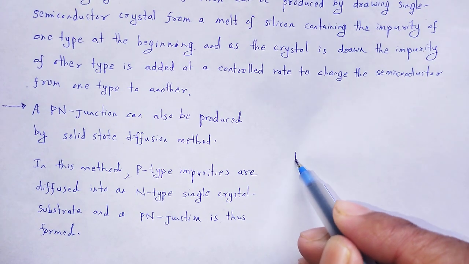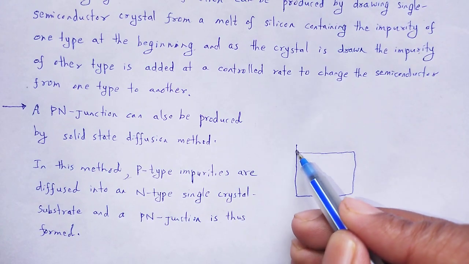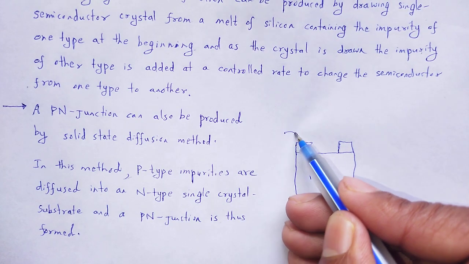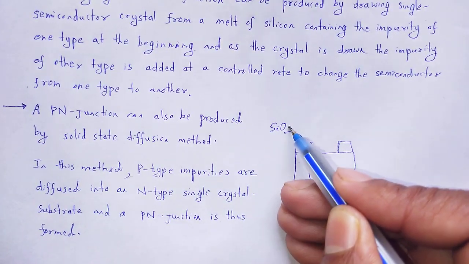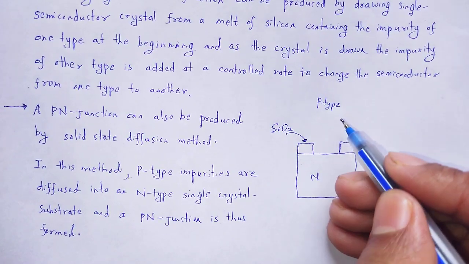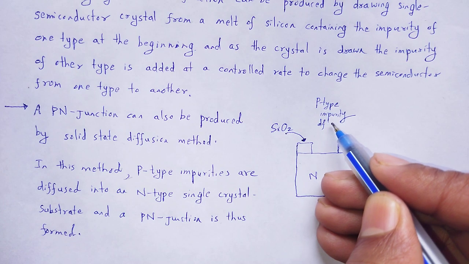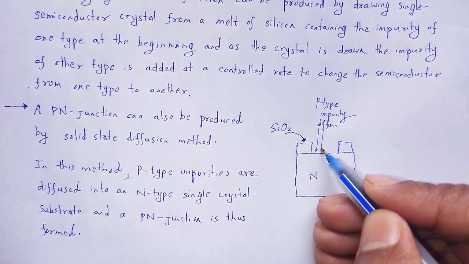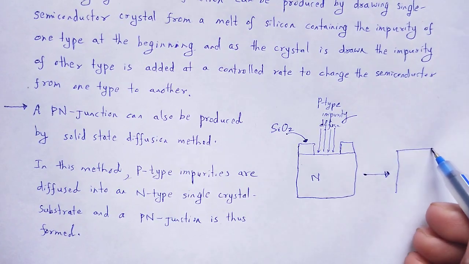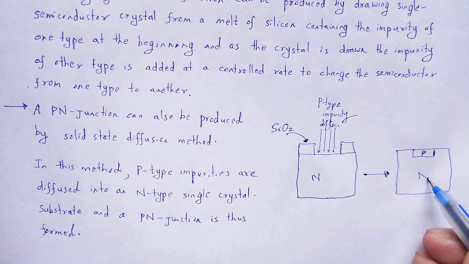Here we take an n type substrate, these are the silicon oxides, then p type impurity is diffused, so we obtain p type, and that one is n type.